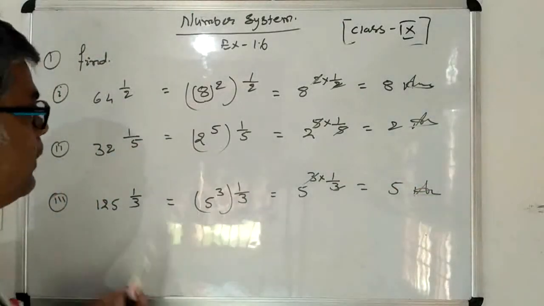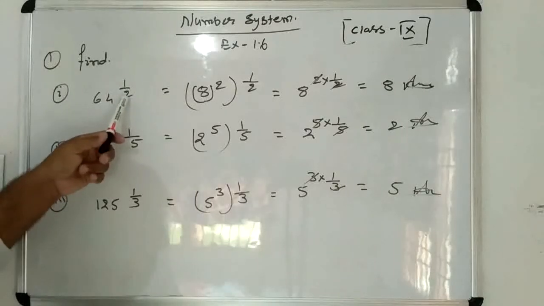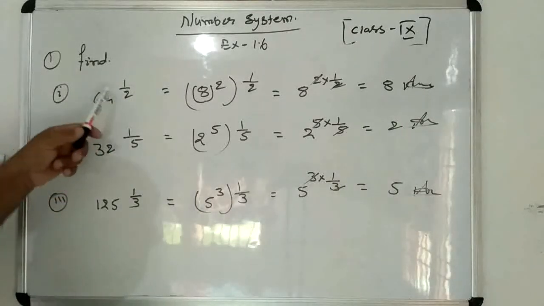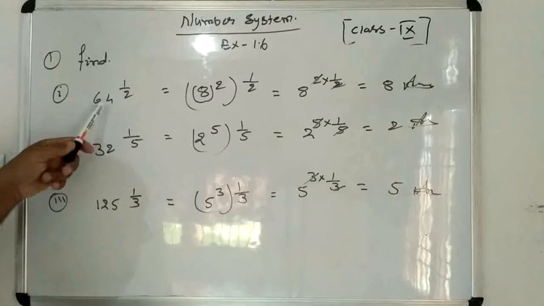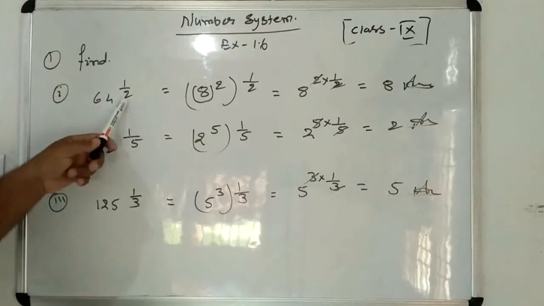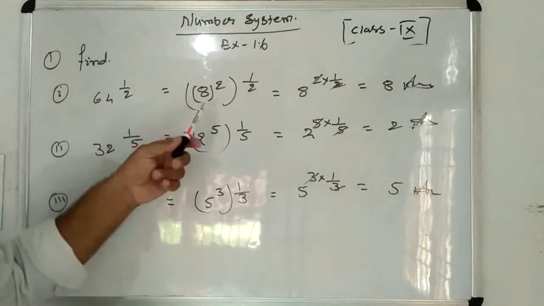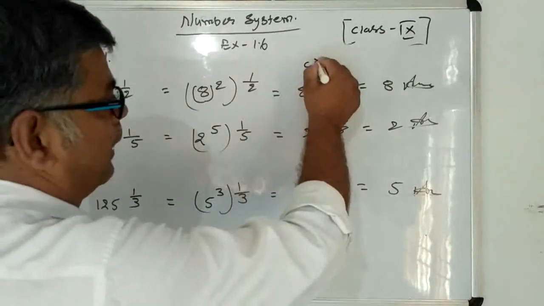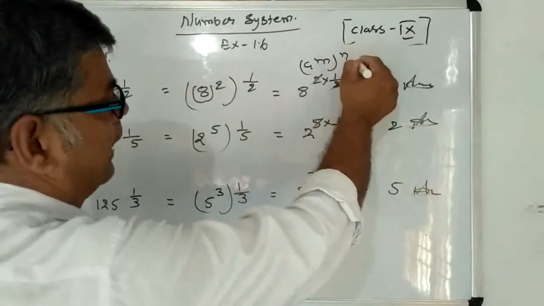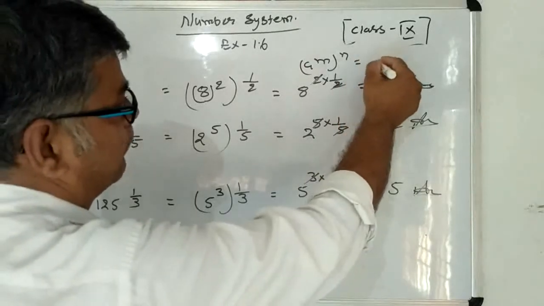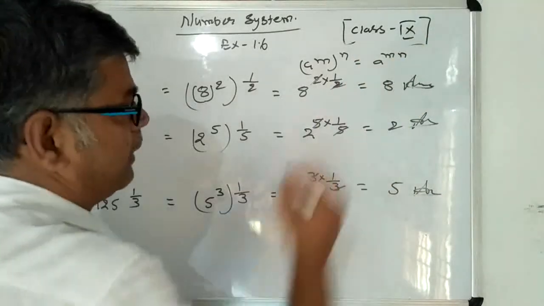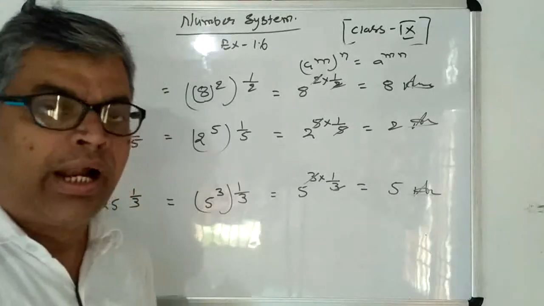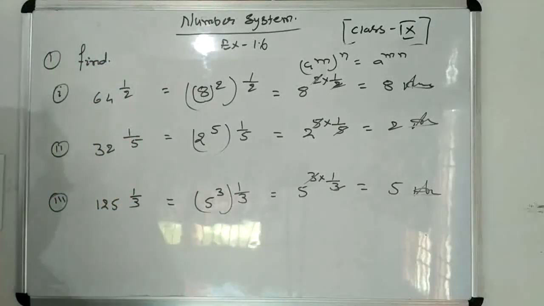So what we have done is express the number as a power of another number, and then apply the property a raised to power m whole power n equals a to the power m into n. By this law of exponents we have solved this type of question.